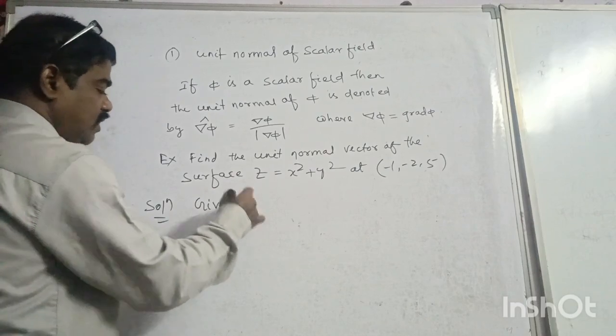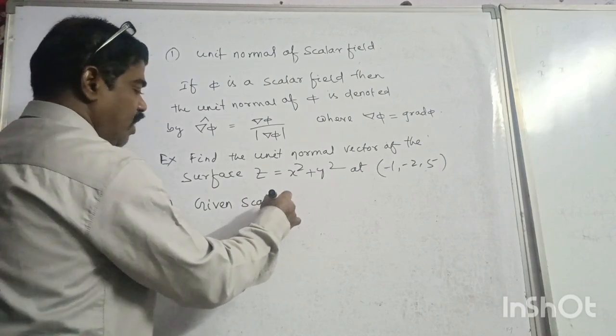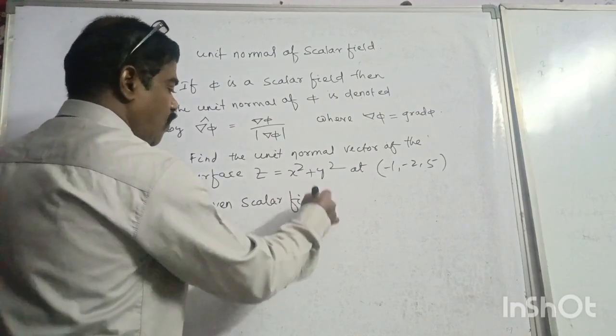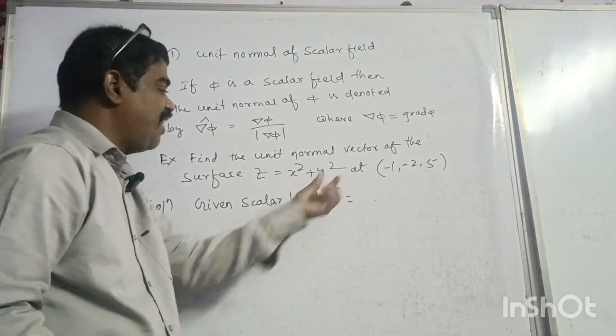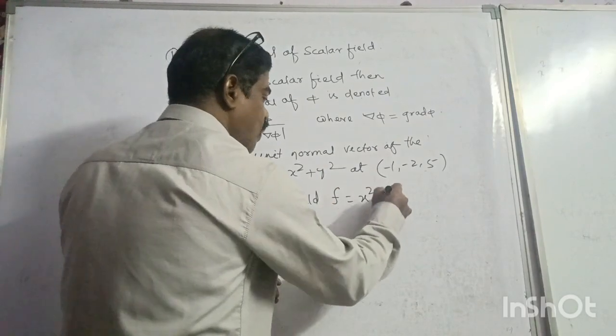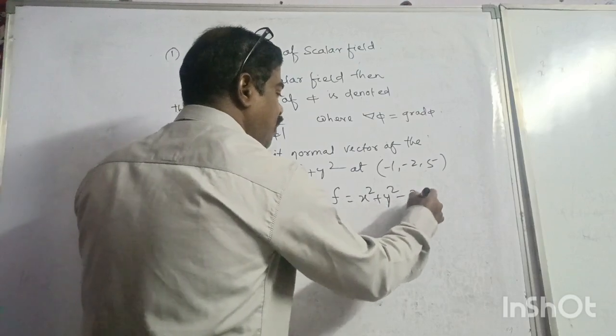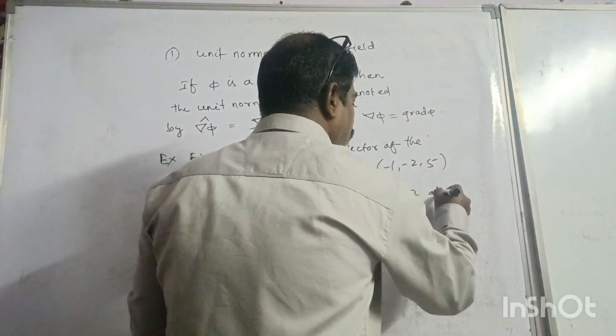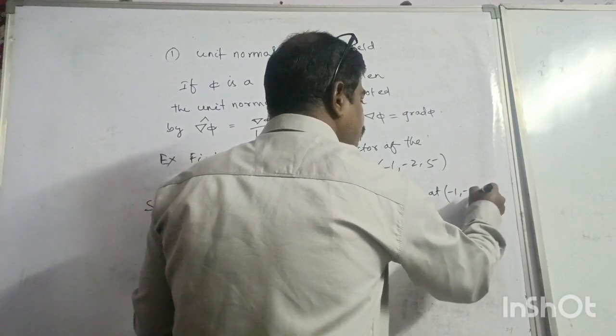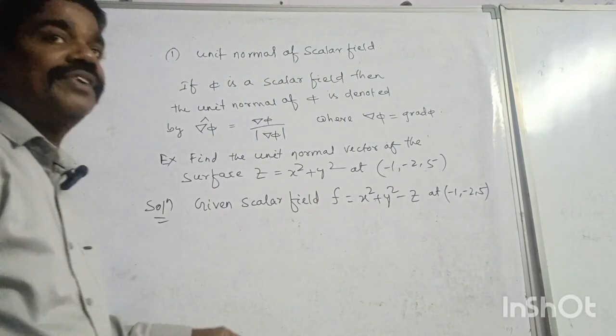Given scalar field. What is the scalar field f equal to? Take z that side. What are you getting? f = x² + y² - z at (-1, -2, 5).